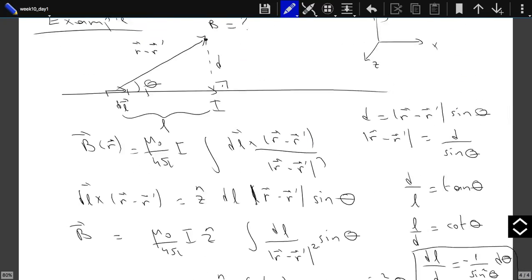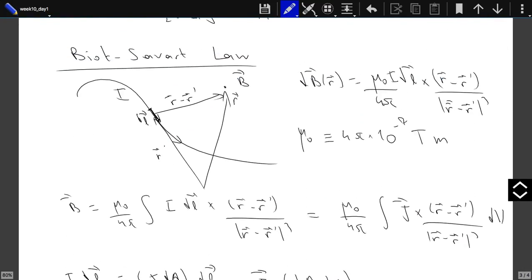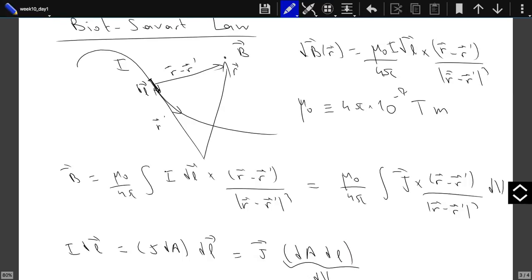Well, this expression is always true. If you have a wire, then this is the magnetic induction you have. If you have a volume charge density, then you should just replace this I dot dl by j times dV.